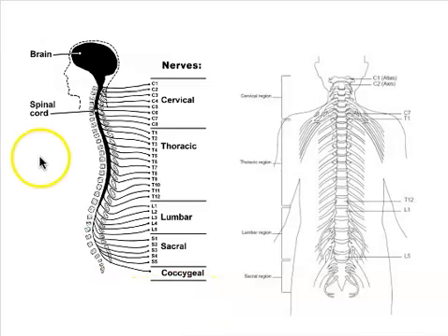In this image, you're looking at a human being drawn from the side view. You can see the brain and this black rope that represents the spinal cord. This vertebral column has been cut in half so that we're able to visualize the spinal cord running down the canal created by the vertebrae.